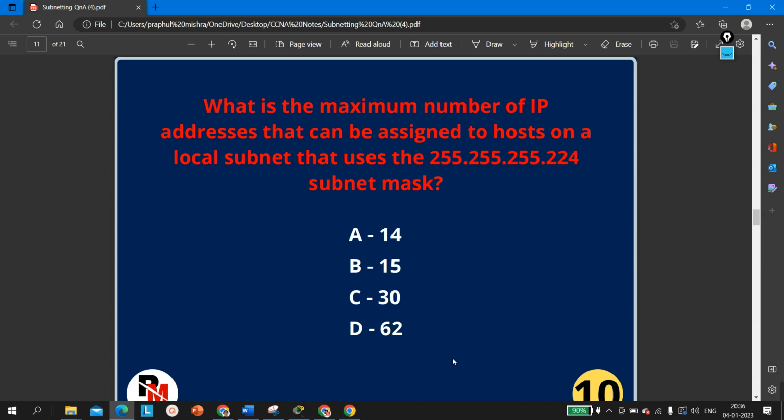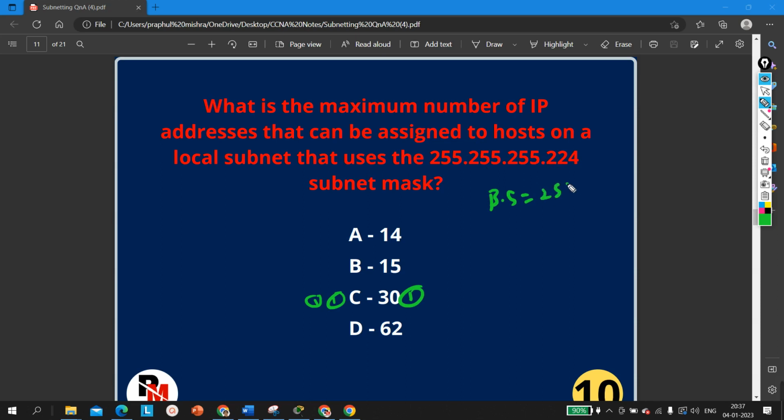30. Okay, Kuldeep is saying that 30 is the right answer. How, Kuldeep? Sir, C is the right answer because 256 minus 224 will be the block size.